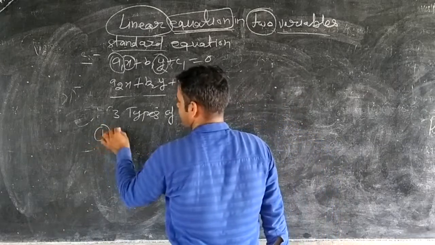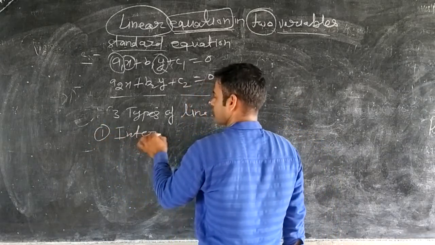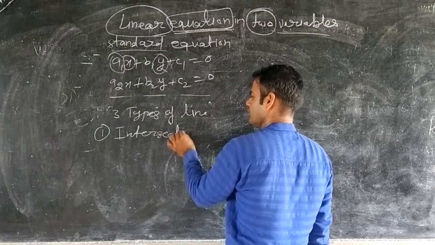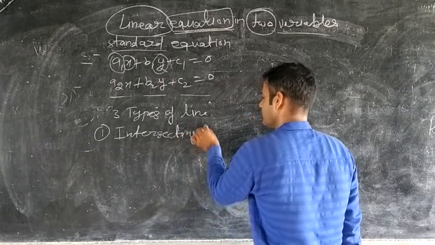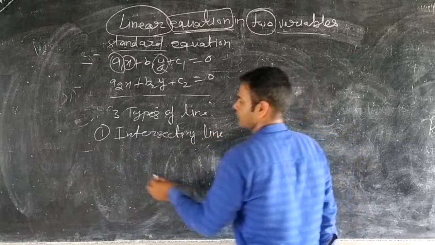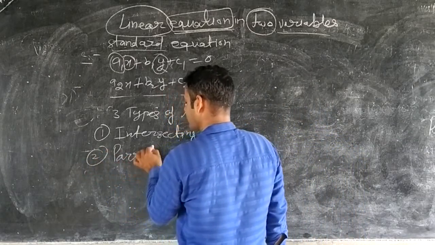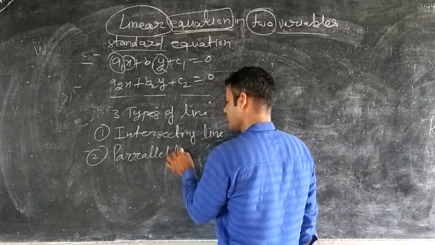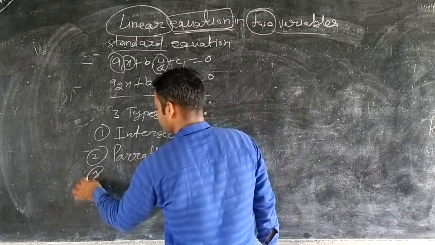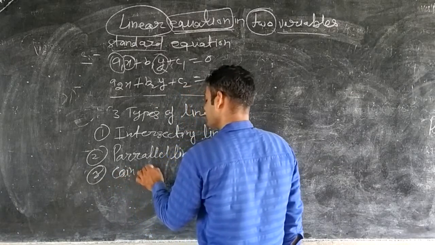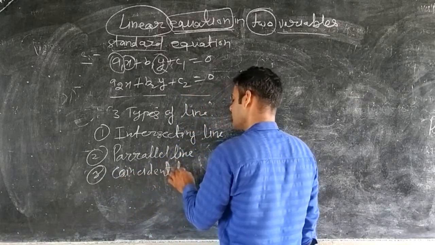First is the intersecting line, second is the parallel line, and third is the coincident line.